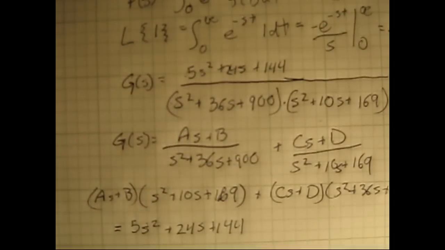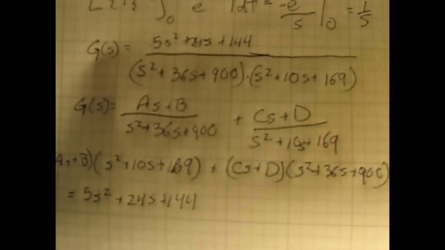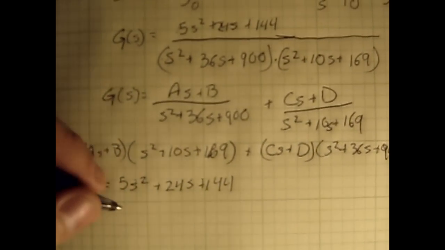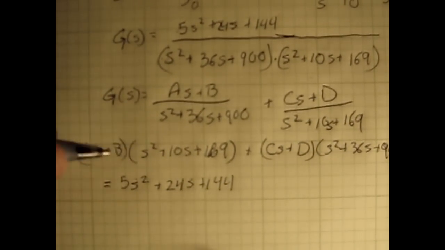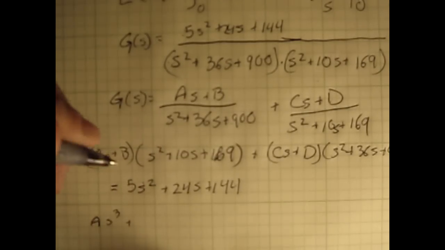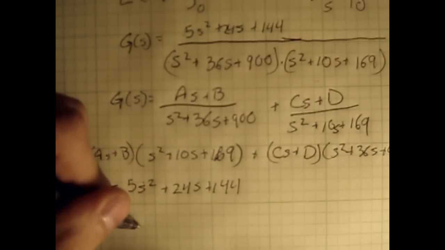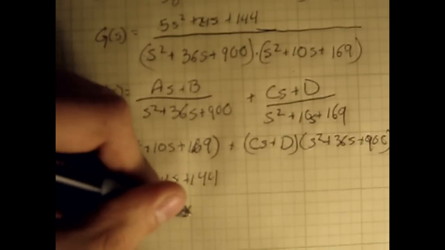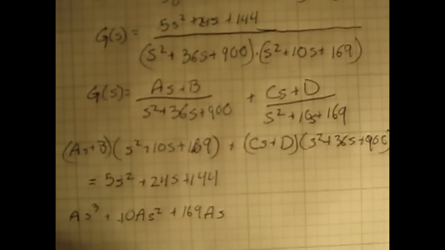Okay, so next we want to go ahead and multiply this entire thing out. Just start multiplying the terms out. We'll do the a's first. We'll get as cubed plus 10as squared plus 169as.